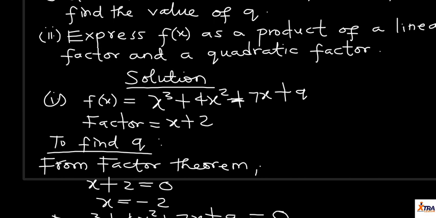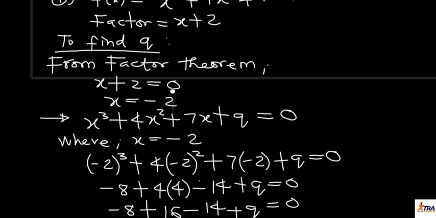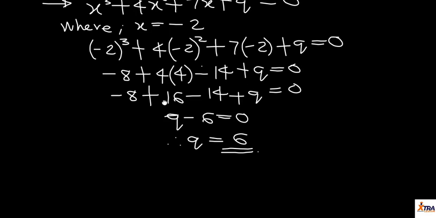But my Roman figure 2 is actually telling me to express my function, my polynomial, as a product of a linear factor and the quadratic factor. What am I supposed to do in this case? So I remember how the polynomial was with a q.